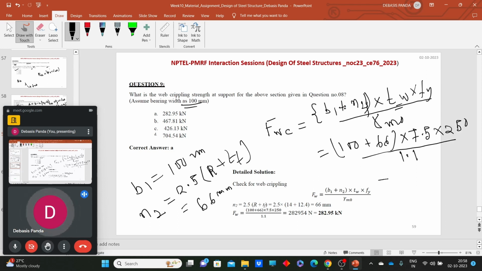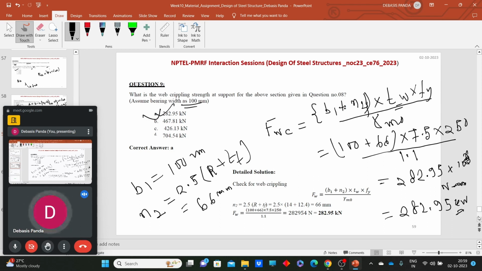If you solve it, you will find the value is 282.95 into 10 to the power 3 Newton. So 282.95 kilonewton will be the right answer.